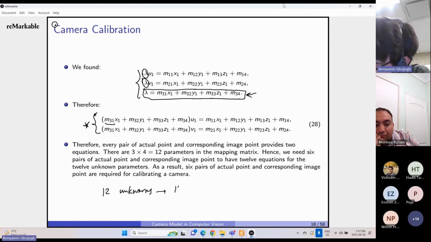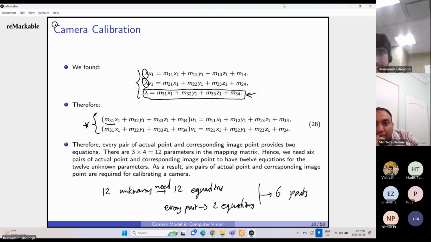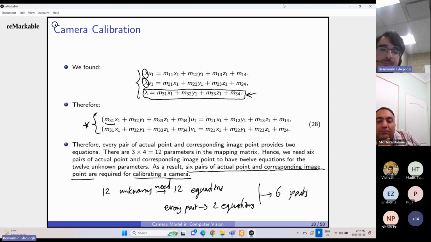Therefore, I need 12 equations. Every pair gives me two equations. How many pairs do I need? As a result, I need 6 pairs, right? So if I get 6 pairs of actual points and their corresponding image points, I can calibrate the camera.